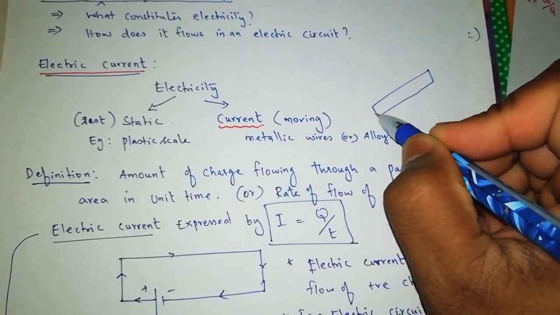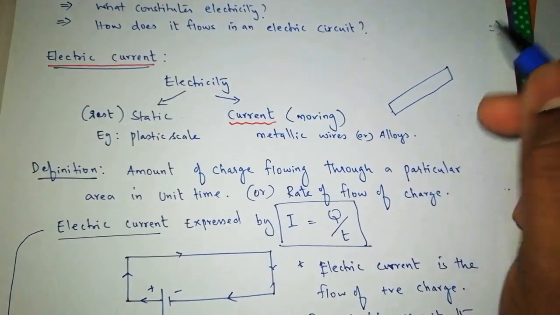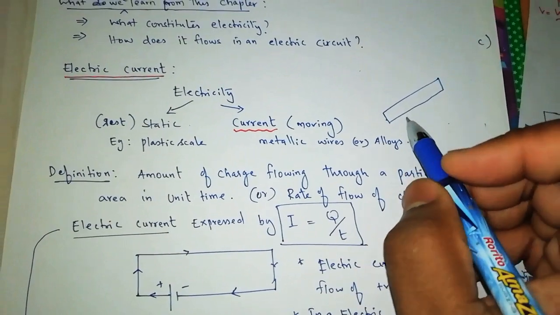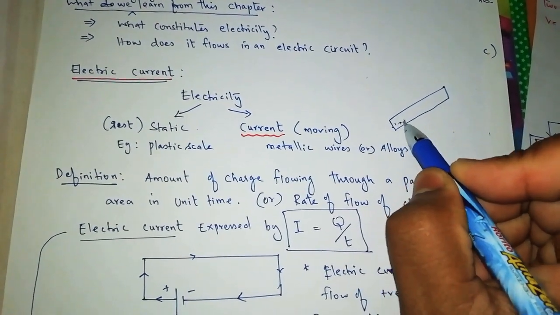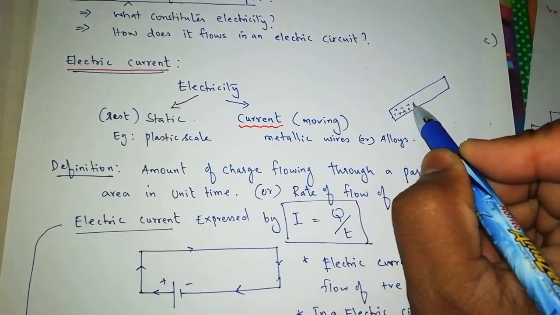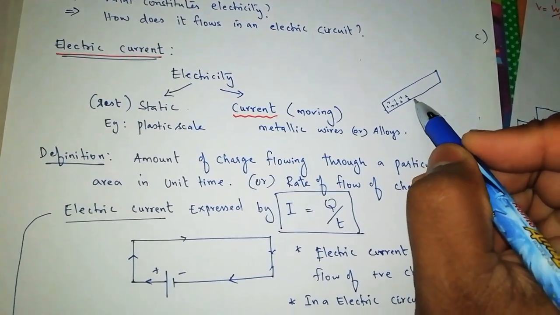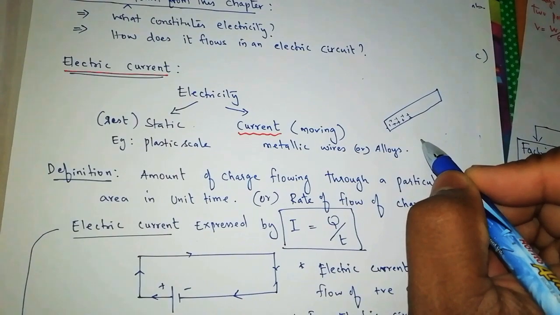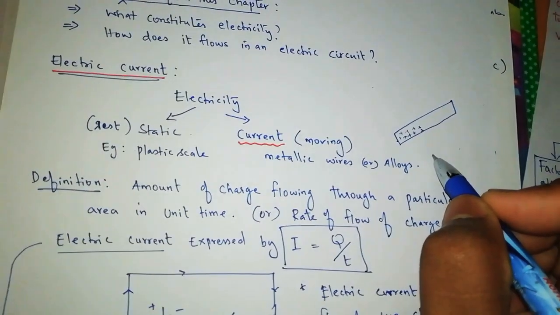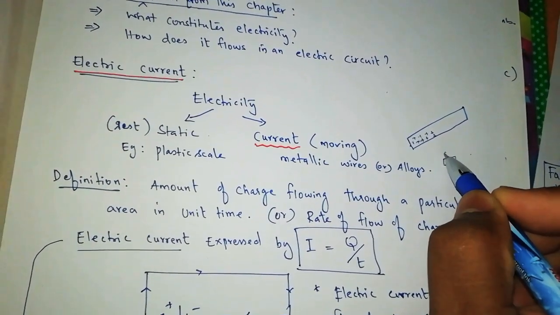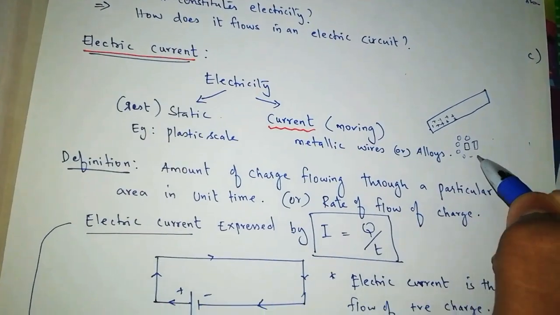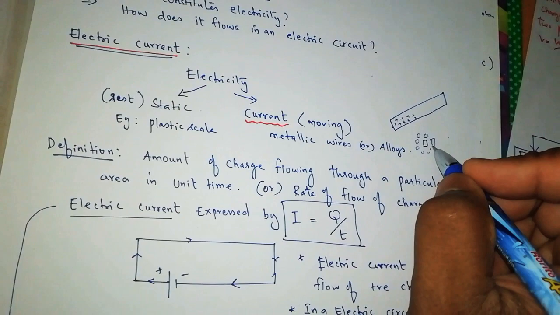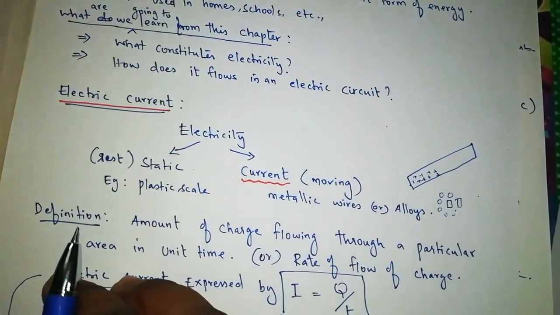And take this plastic scale and rub it on your head, on your hair. While you are rubbing, it accumulates lots of positive charges where you are rubbing it. And if this scale is taken close to a bit of papers, this scale attracts the paper. Am I right? Remember this activity?